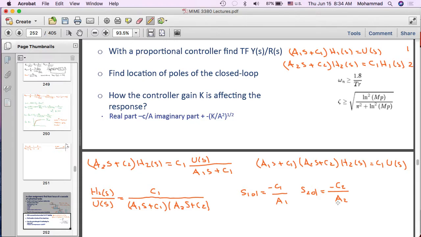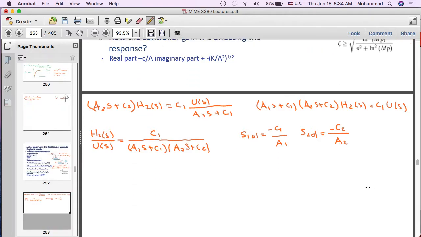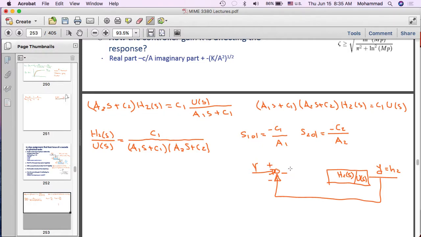So the question is, if we put this system into a proportional controller, with H2(s) over U(s) here giving us the output Y, which is the same as H2, we take this H2 and compare it with the desired value of H2, which we call R, the reference input, through this summation.